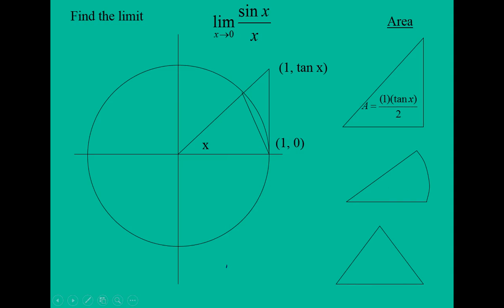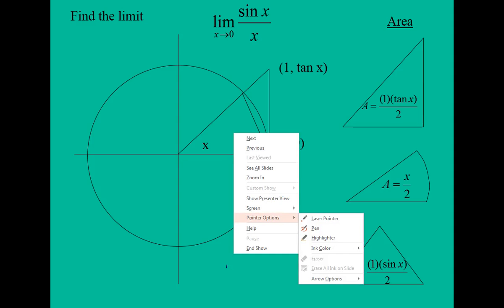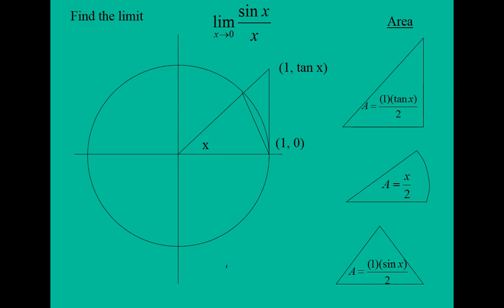So these are the areas that we just found for each one of those geometrical figures. And hopefully you can see where we're heading with this. Do you see that the area of this big triangle is more area than the area of this sector, and the area of that sector has more area than this smaller triangle?